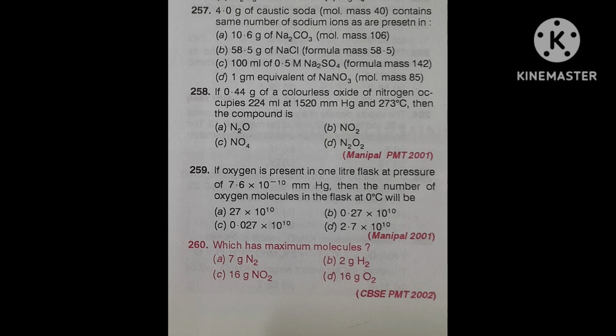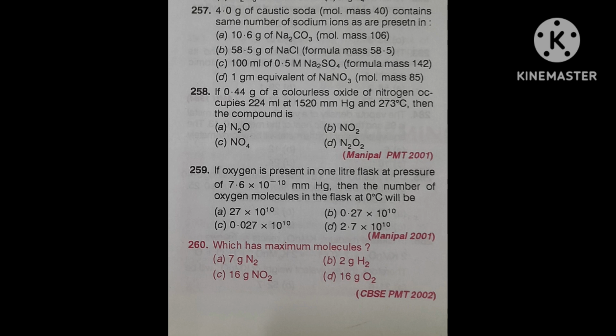Just consider that 0.44 gram of a colorless oxide of nitrogen occupies 224 ml volume at 1520 mmHg, and the temperature is 273 degrees Celsius. Volume, pressure and temperature are given.